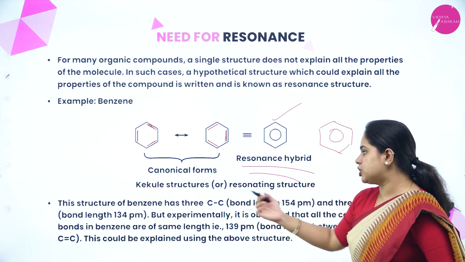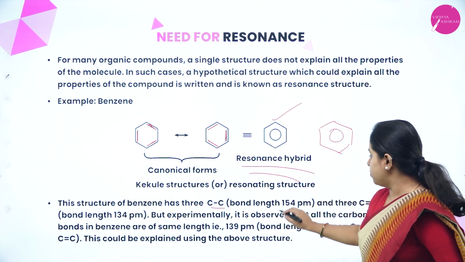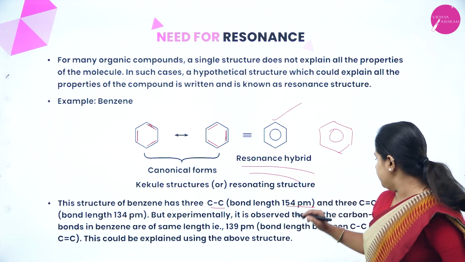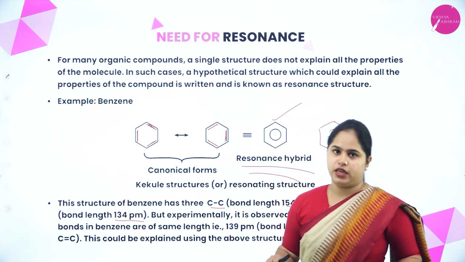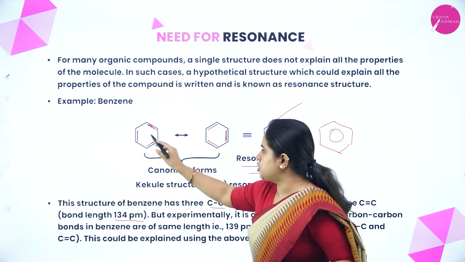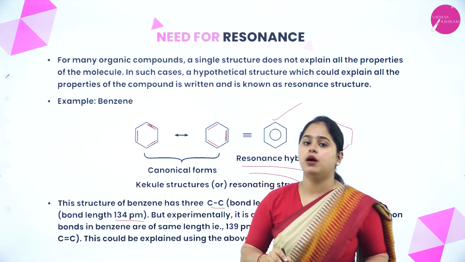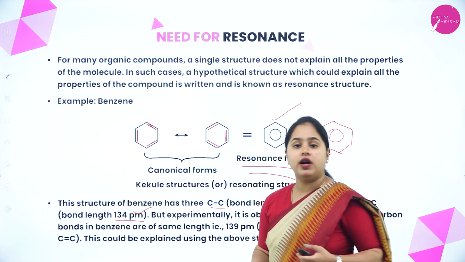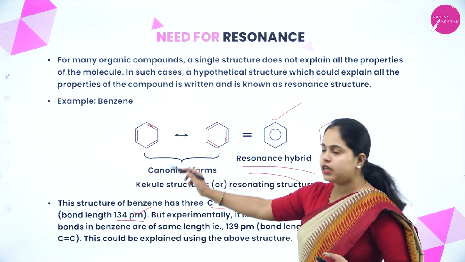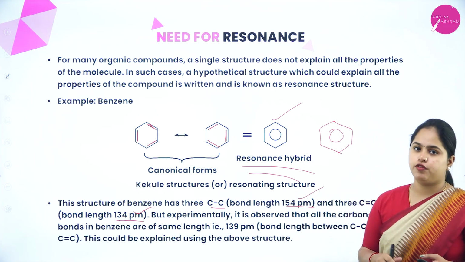Right. Now, the structure of benzene has 3 carbon-carbon single bonds having bond length 154 picometer and 3 carbon-carbon double bonds having 134 picometer. How many double bonds are there? 3 double bonds are there. These 3 double bonds have a bond length of 134 picometer, and the single bonds between carbon and carbon have a bond length of 154 picometer.